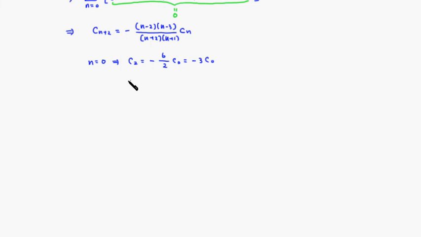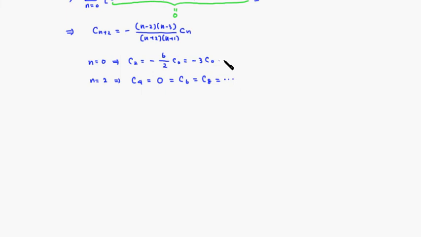And for n equals 2, C4 is equal to, but here's n minus 2, and 2 minus 2 is 0, so the whole thing becomes 0. This indicates that C6 is going to be 0, and C8 is going to be 0, and so on.